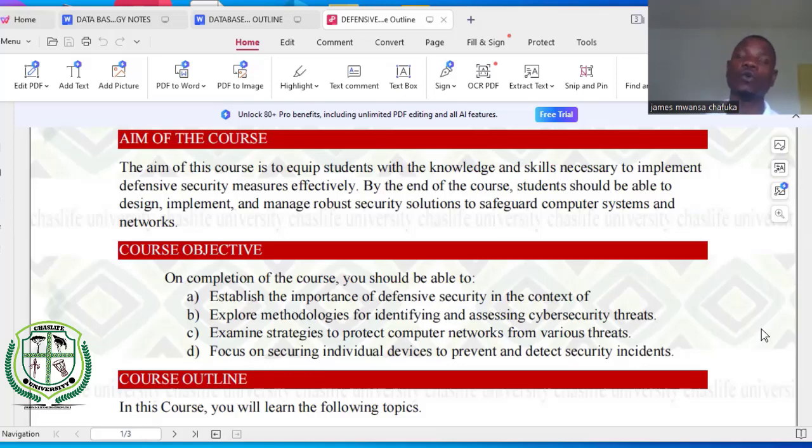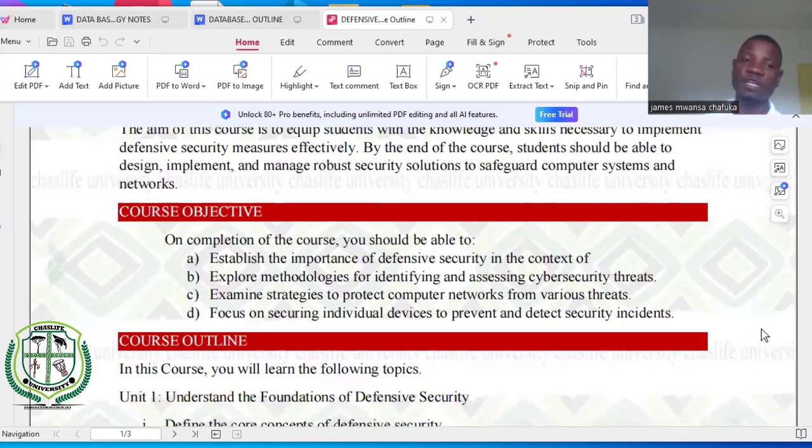And then they shall be able to examine strategies to protect computer networks from various threats. The other main point is that the learners will be able to focus on securing individual devices to prevent and detect security incidents. So this is part of the objectives of defensive security.